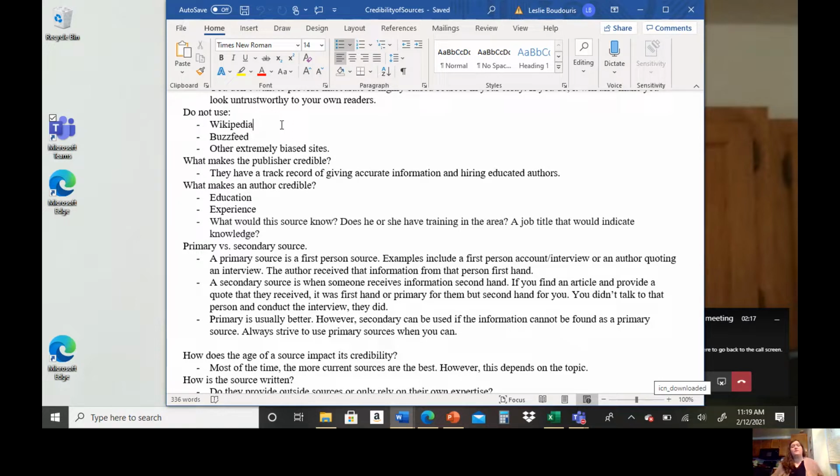And a lot of people also think that all .org sites are good. That's not true, because Wikipedia is actually a .org site. It's a non-profit site, which when I first learned that, just kind of blew my mind. So just because it's a .org or .edu or .gov site doesn't necessarily mean that it's credible.